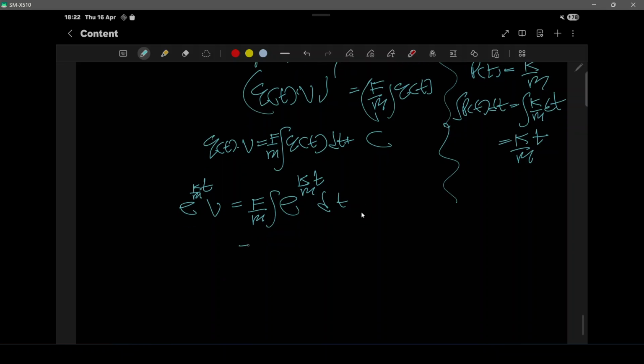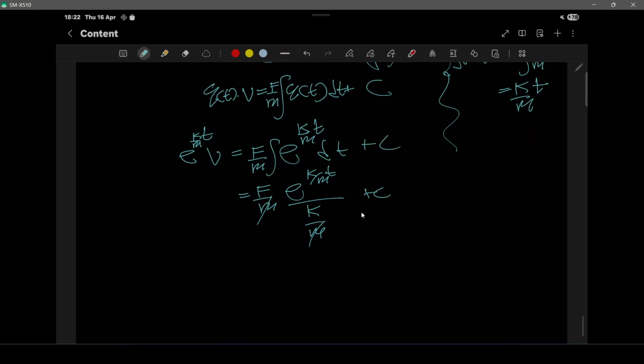If you integrate this, you will get f over m, e to the power k over m t, over k over m. So m is cancelling out. What we are left with is e to the power k over m t times v is equal to f over k times e to the power k over m t, plus c.